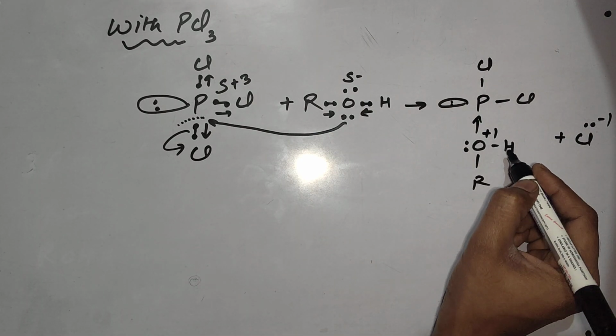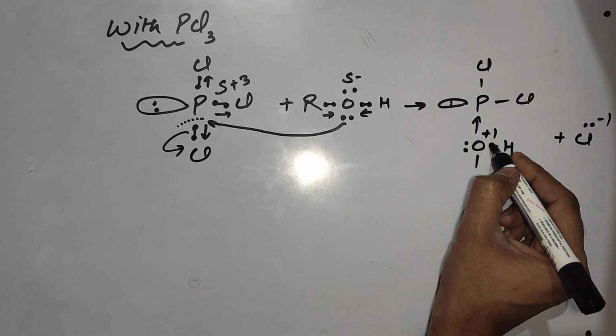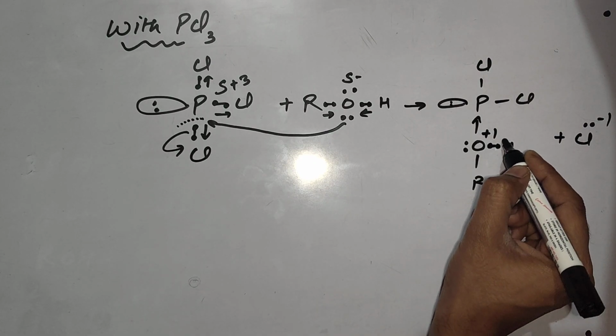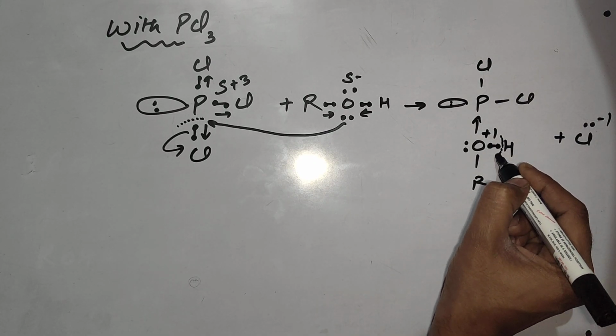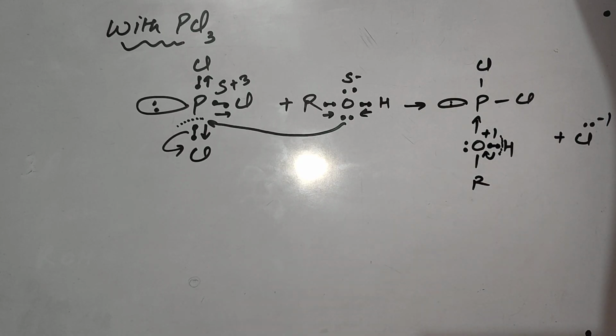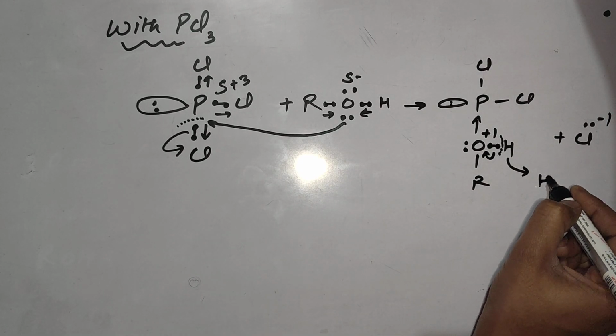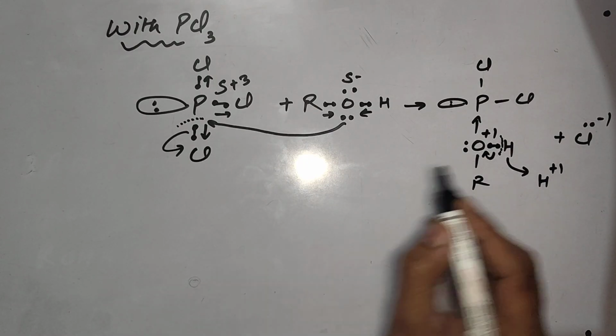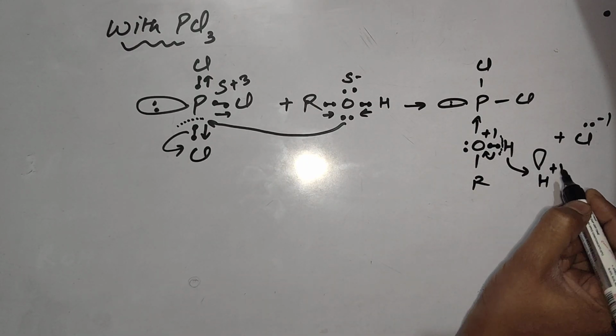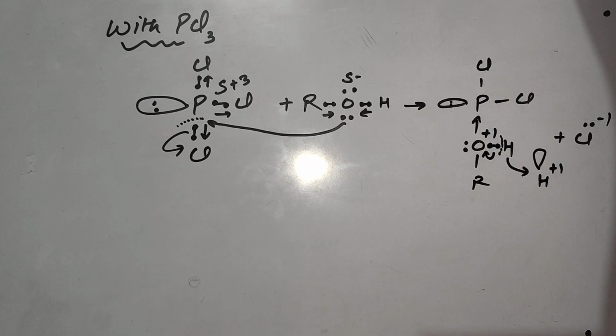So now oxygen is unstable. How will it stabilize itself? By breaking the bond from hydrogen, and both electrons will shift toward oxygen because oxygen is more electronegative than hydrogen. And from here H positive ion will be released because this hydrogen has lost its electron, with a vacant orbital.